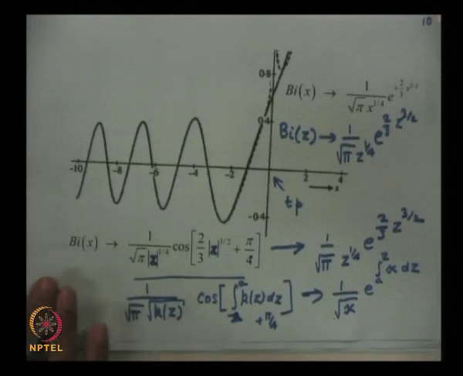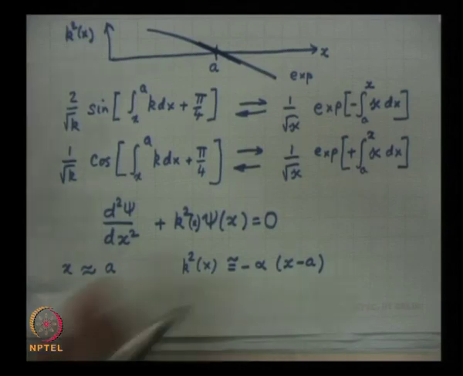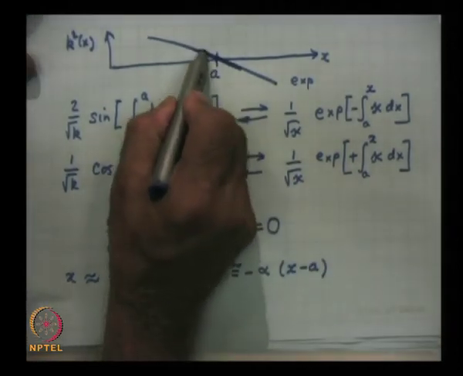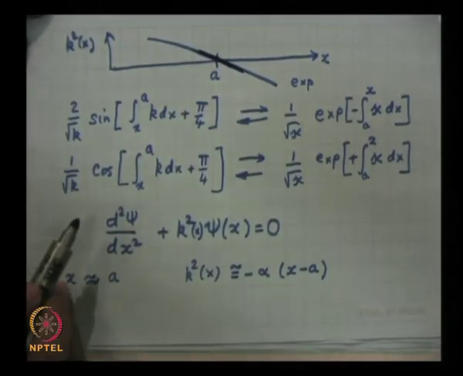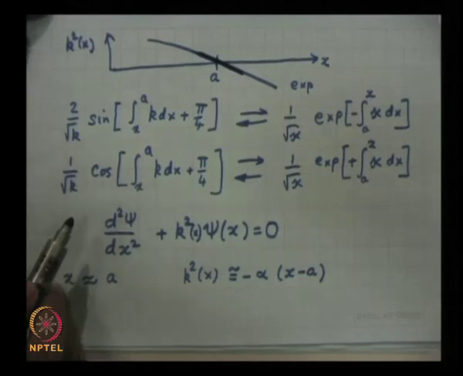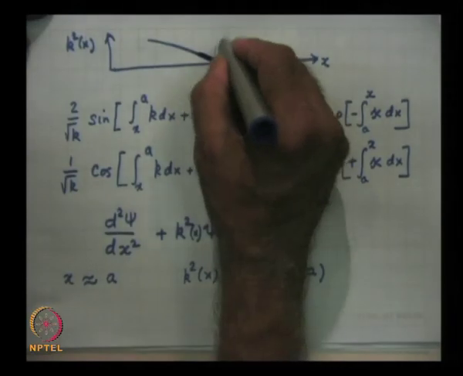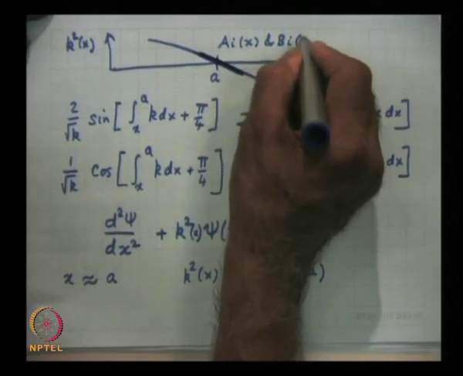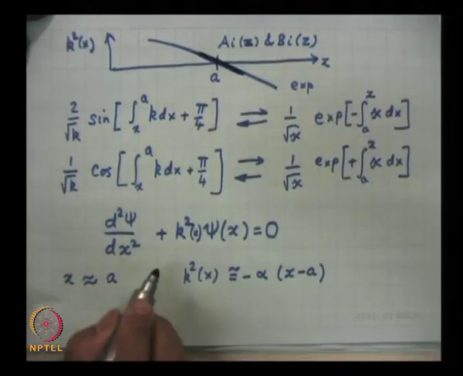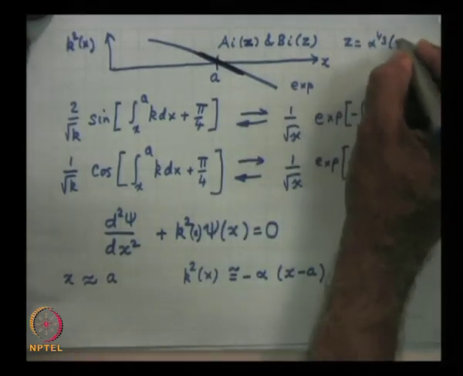So, we have tried to justify the connection formulae, because what we did was we assumed that in the vicinity of the turning point the variation is linear. When we assume the k square of x variation to be linear, then the solutions are rigorously Ai of z and Bi of z, where z is equal to alpha to the power of 1 by 3 into x minus a.